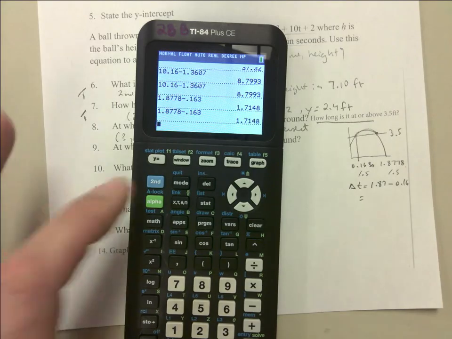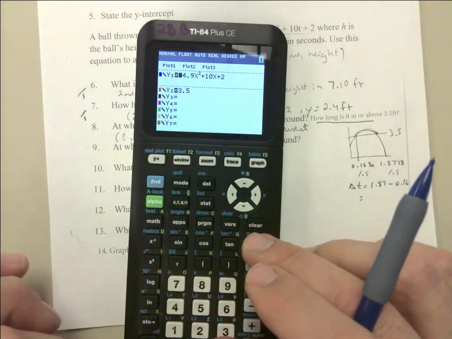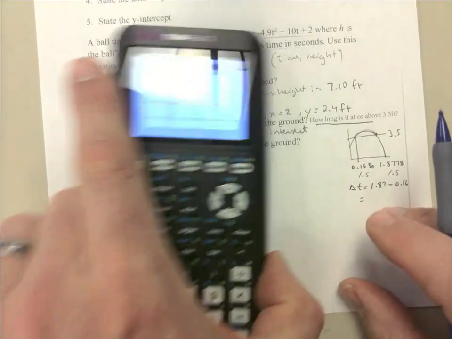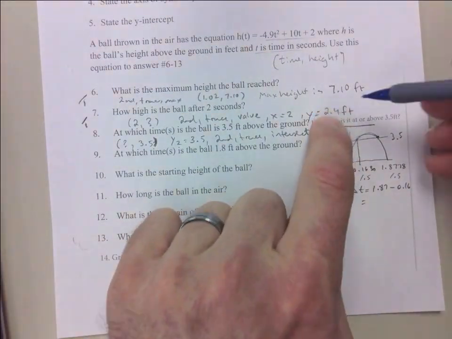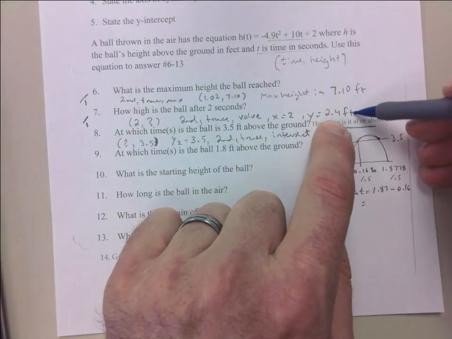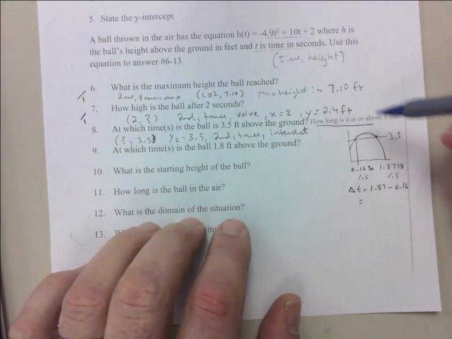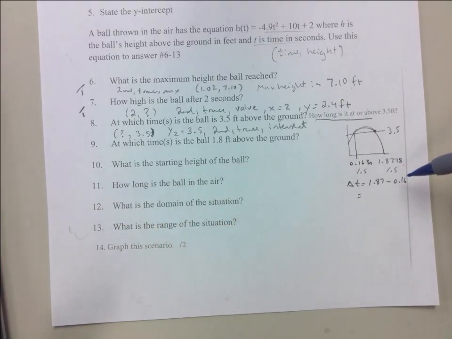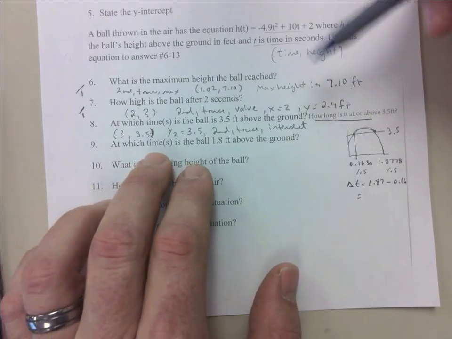Houston, we've got a problem or what? Did I type it in wrong? Vertex is the same as mine. This is the same as mine. 1.71. Is anybody seeing? Not mistaken.